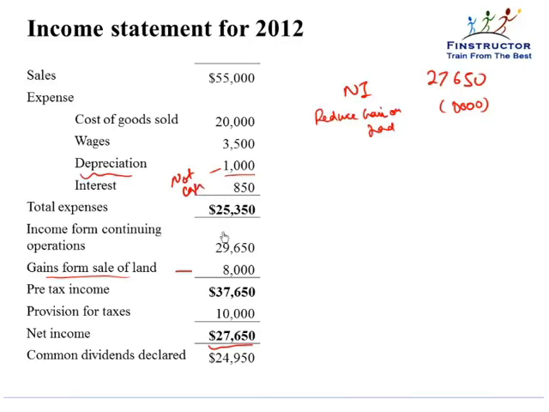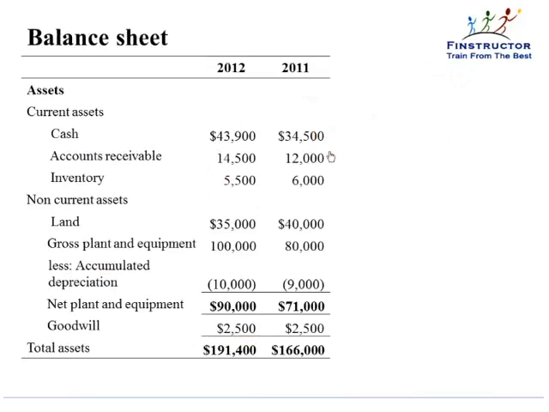So we are reducing the net income by $1,000. It is not a cash expense, so we will need to add back the depreciation to get to the cash flow from operations. So we add back $1,000 of the depreciation, and that is the adjustment that we can see needs to be made from the income statement directly if we start with the assumption that net income is cash flow from operations. We next need to make adjustments for working capital changes.